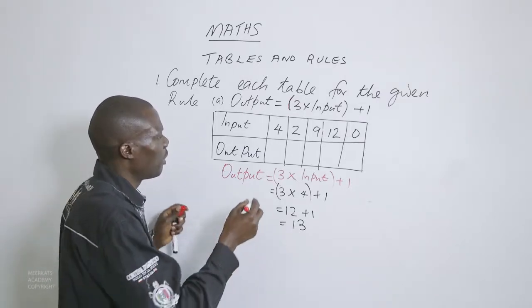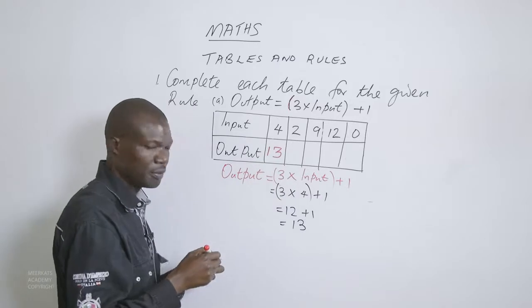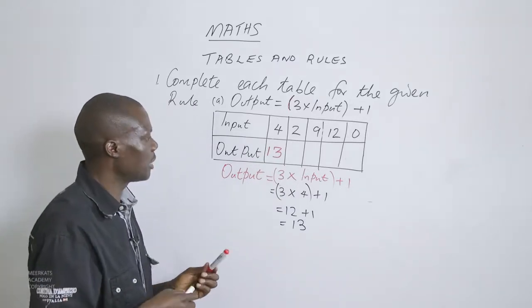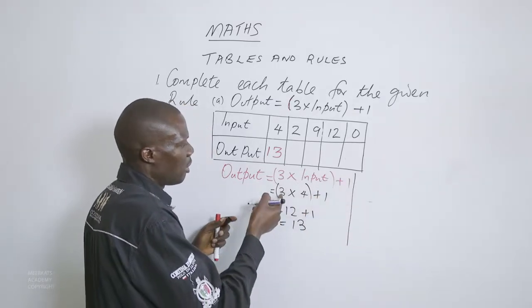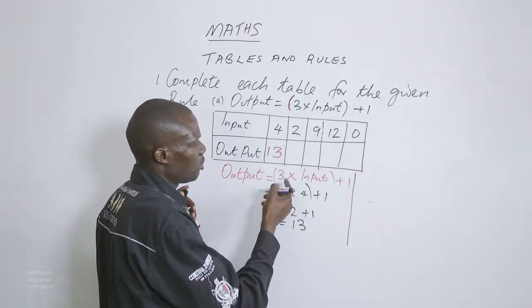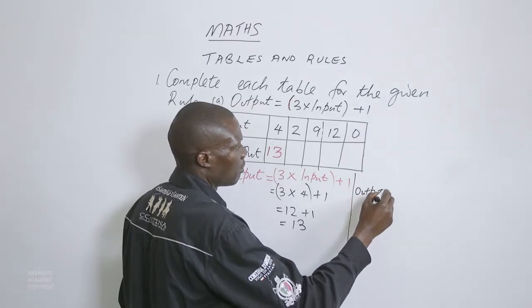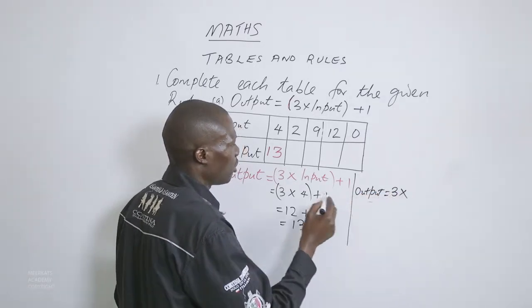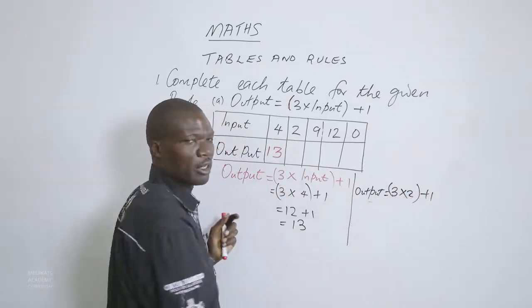So I expect the value here to be 13. The second one, again, we shall use the same principle. Output is equal to 3 multiplied by input, and input is 2, then plus 1.